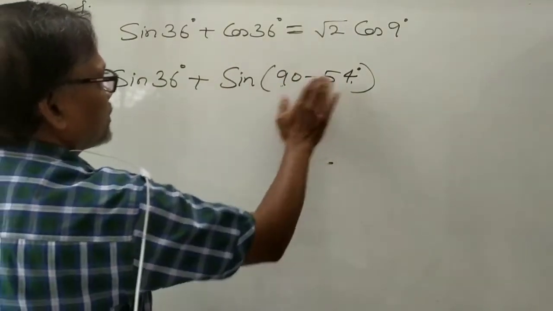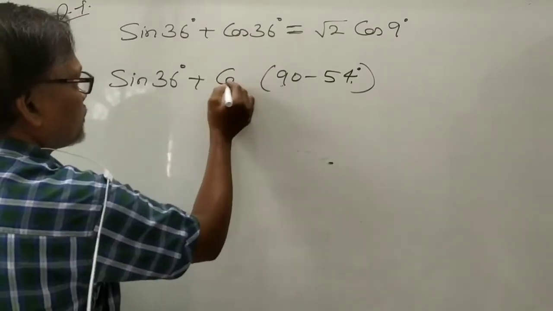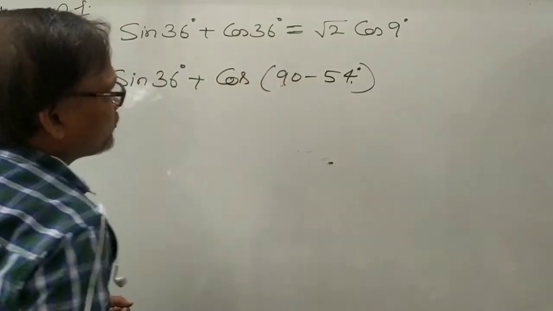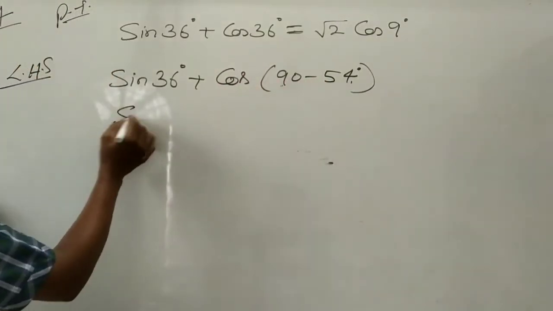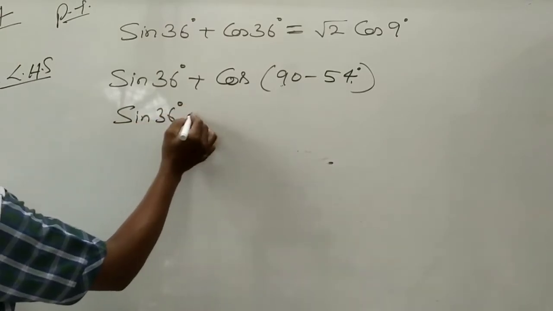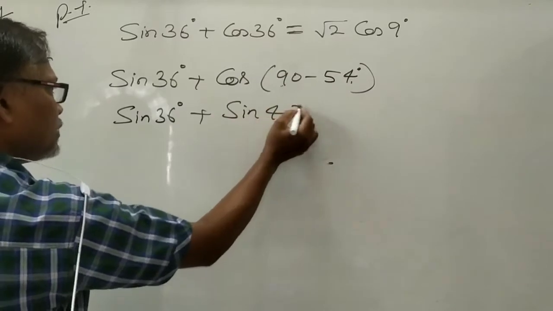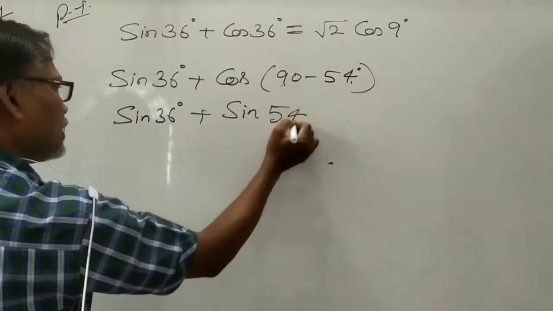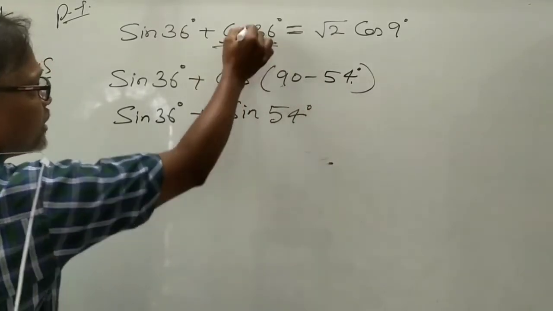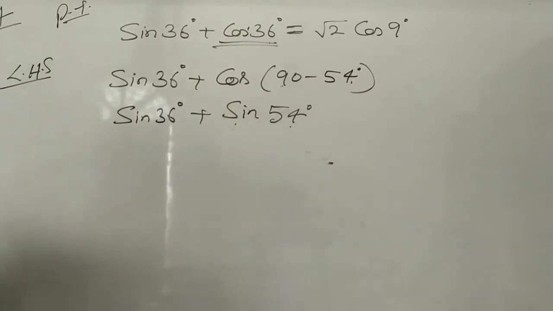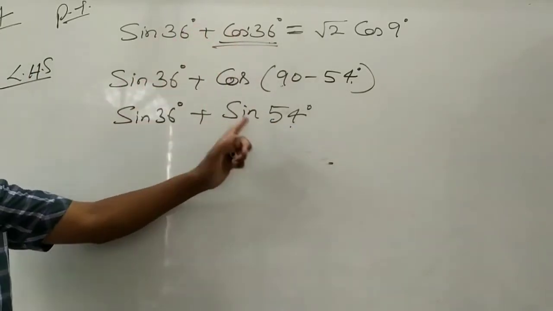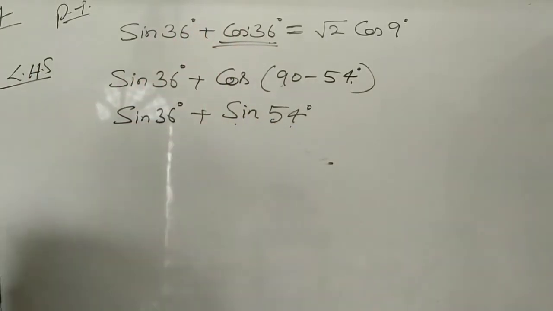This is a complementary angle, and you can change cos (90 minus theta) is equal to sin theta, means this value will change into sin 54. The same thing is there, but only the form is changed.